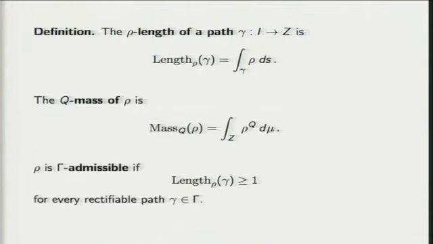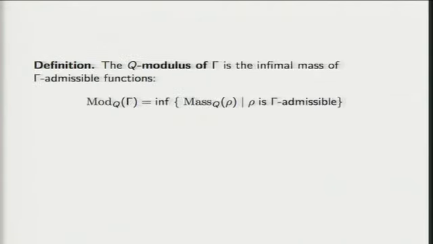And I'll say that this Borel measurable function rho is gamma admissible, where gamma is my fixed family of curves, if every rectifiable curve in the family has rho length at least 1. And then the q modulus of gamma is the infimum of the q mass of rho, over rho that are gamma admissible. This is pretty weird if you haven't seen it before.